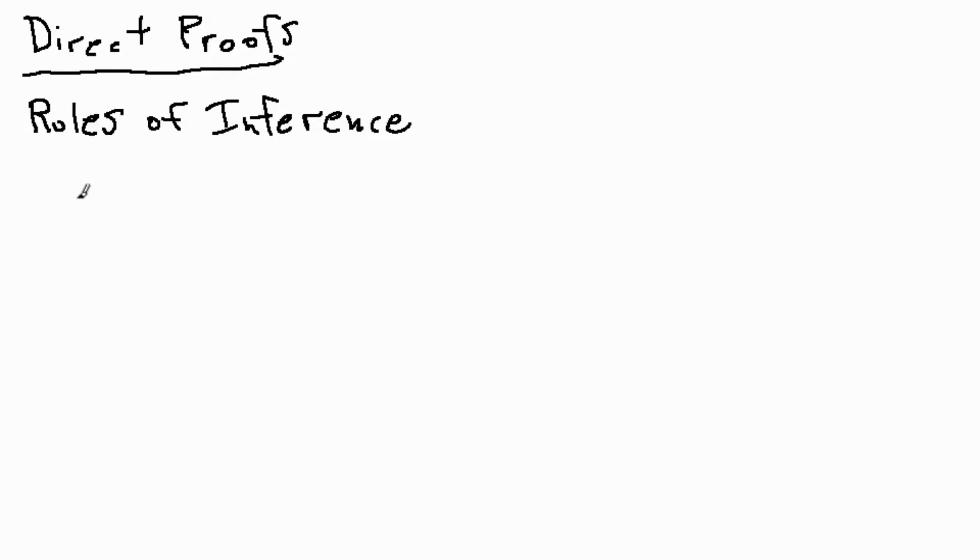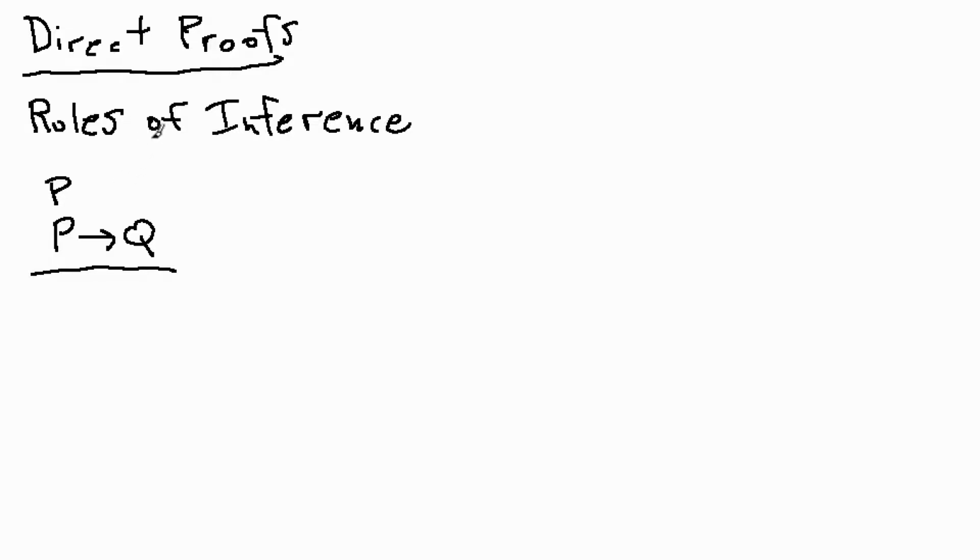So I want you to consider the following. Suppose that I'm told that statement P is true, and I am told that P implies Q. We've actually proven this if you go back and look at some of the previous videos.